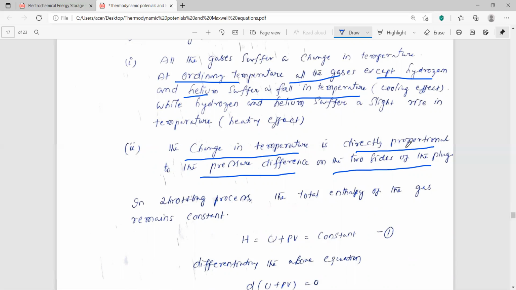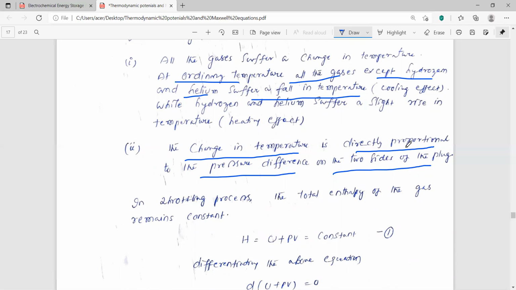I already said that the temperature of all the gases can reduce due to this throttling process except helium and neon gas. Their temperature slightly rises at ordinary temperatures.